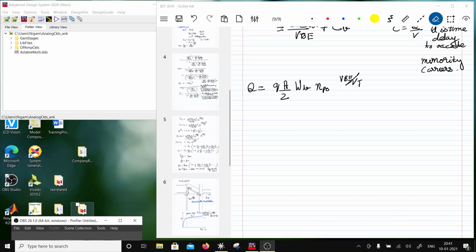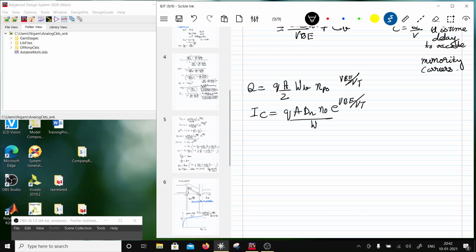Just 1 second. Okay, so this is the charge in the base, and the current IC is equal to QA dN NPO e raised to VBE by VT divided by WB. Now if I take Q by IC, this is the ratio, then I'll be left with WB square by twice of dN, right?